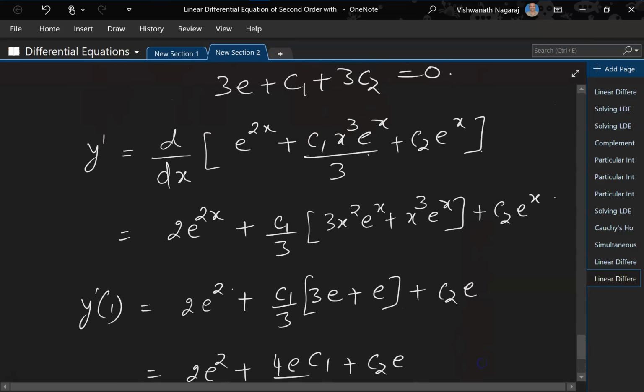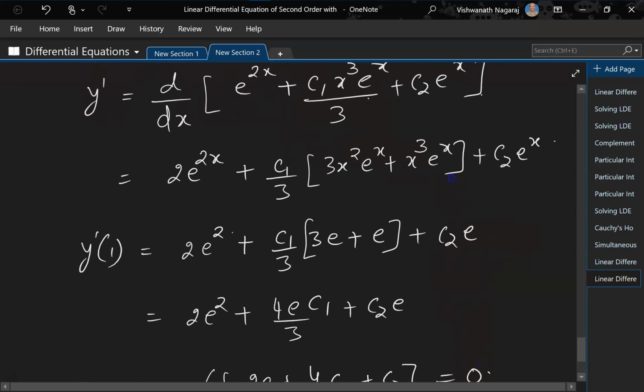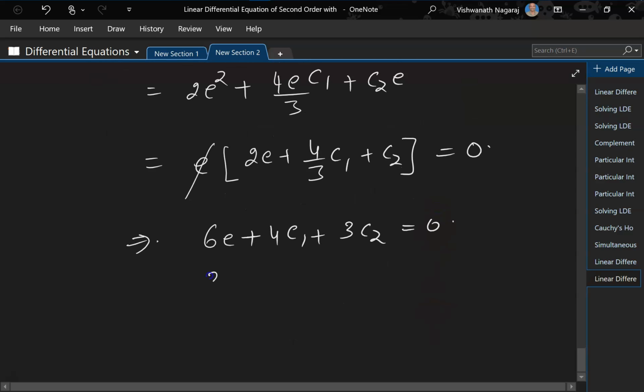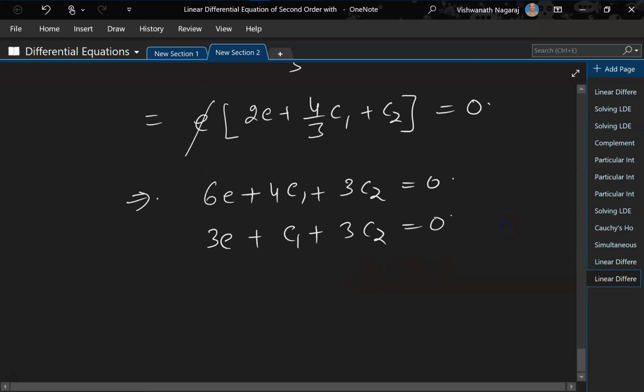So the first equation was 3e plus c1 plus 3c2 equal to 0. Now let's subtract it. Why? Because the c2 terms are the same, so c2 will get eliminated.